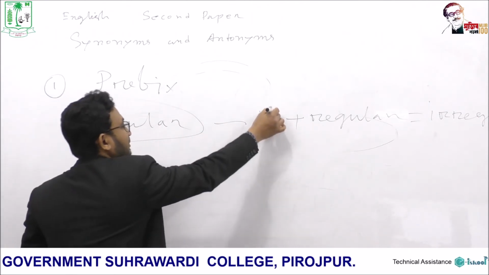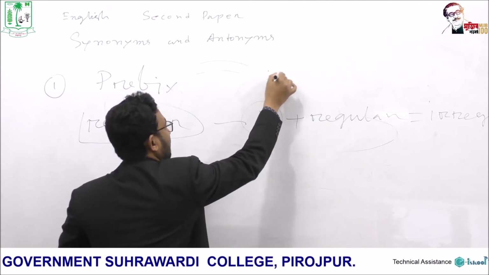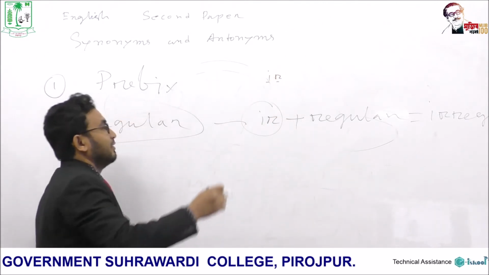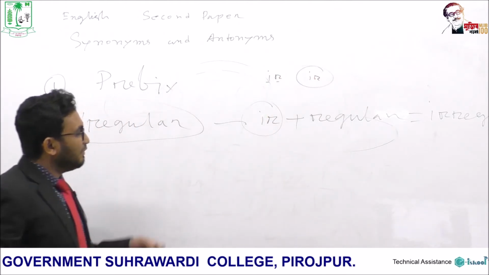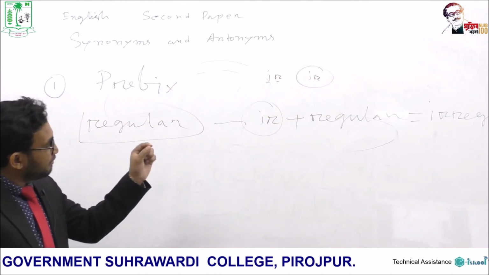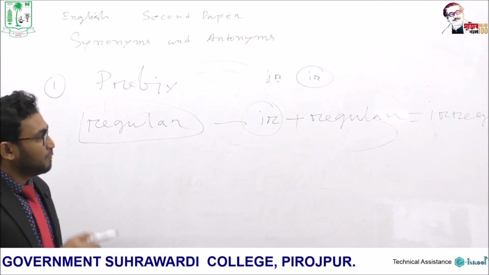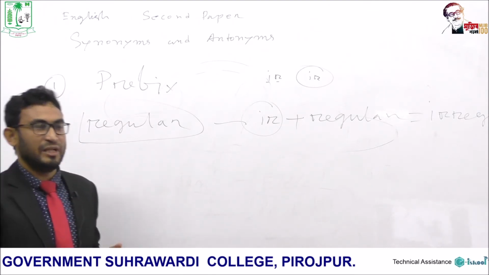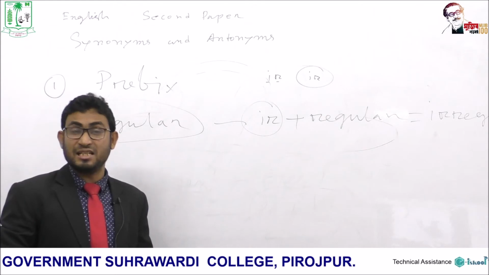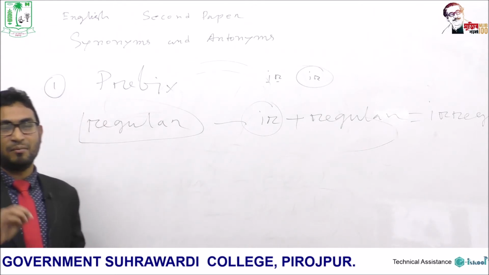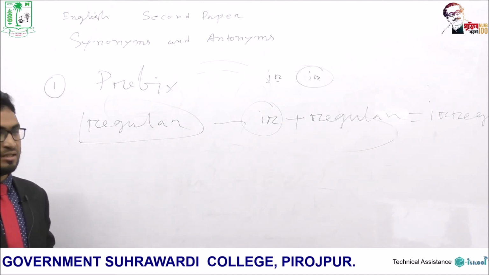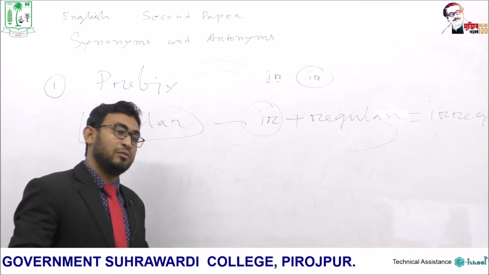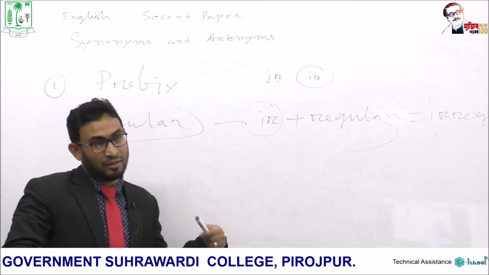Look at the prefix ir. If we write only ir, it has no meaning. But if we add the prefix ir with regular, it becomes meaningful. It means prefixes are clusters of letters, sometimes groups of letters, which have no meanings of themselves.